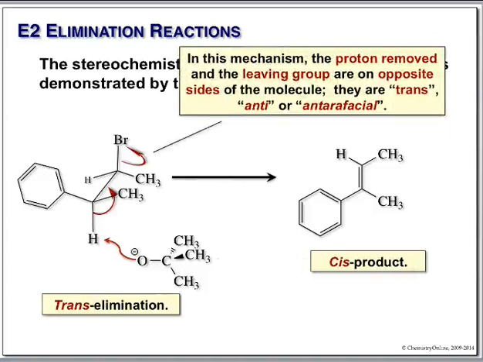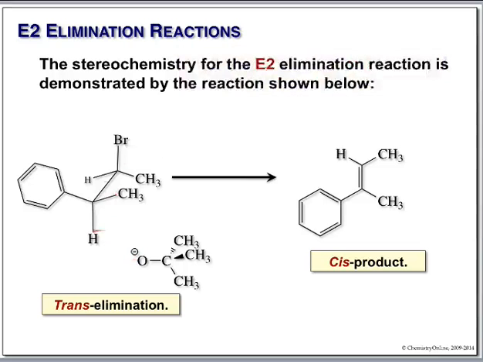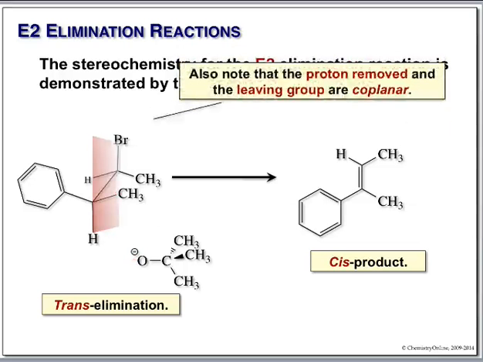This is also referred to as anti or antarafacial. The other thing that's important to note here is that the hydrogen and the bromine are in the same plane. So they're antarafacial and they are coplanar.